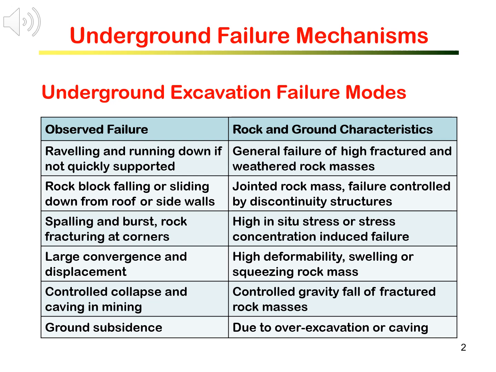Ground settlement and subsidence is generally associated with over-excavation or caving. It may lead to failure of structures at the ground. We will elaborate each failure type in details in the coming slides.